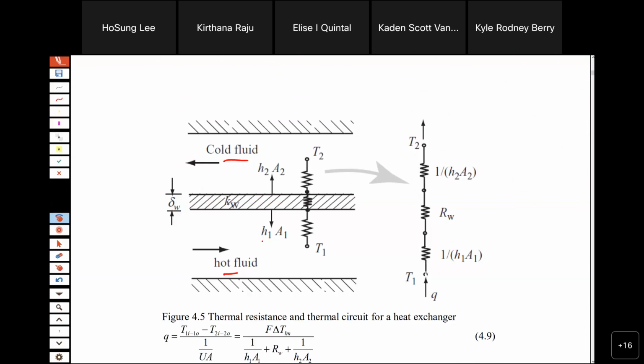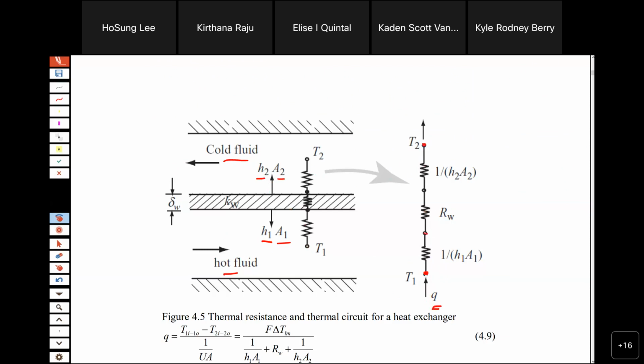So I say H1A1 on the hot side, and then cold side H2A2, so that we can construct the thermal circuit between T1 and T2, with a heat flow Q.